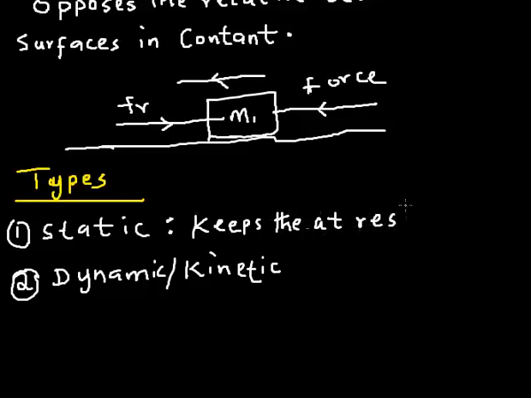Kinetic friction only opposes the motion of the body. It only occurs when the body is already moving.